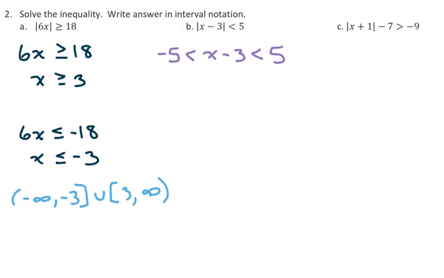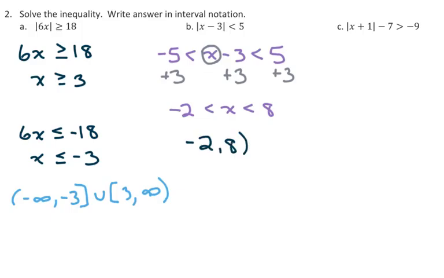To solve the compound inequality, you're still solving for x, but you'll be adding 3 to not just the middle, but to the left side and the right side, because you have to do that to all the sides. So you end up with negative 2 is less than x is less than 8. In interval notation, that just goes from negative 2 to 8, both with parentheses.